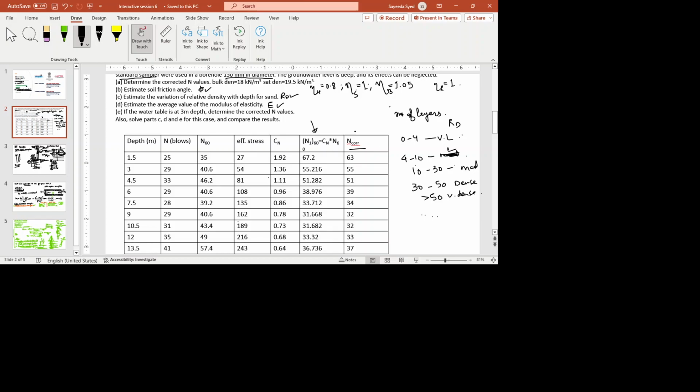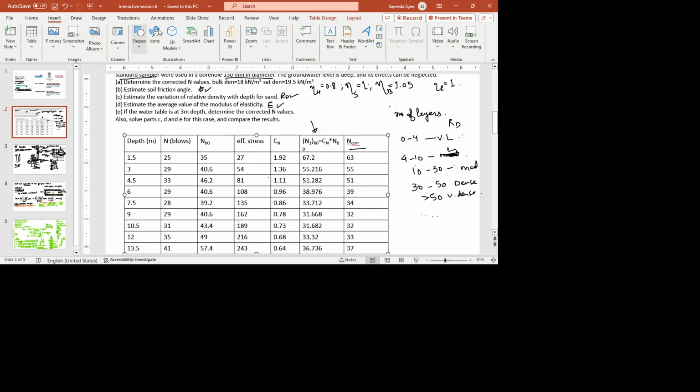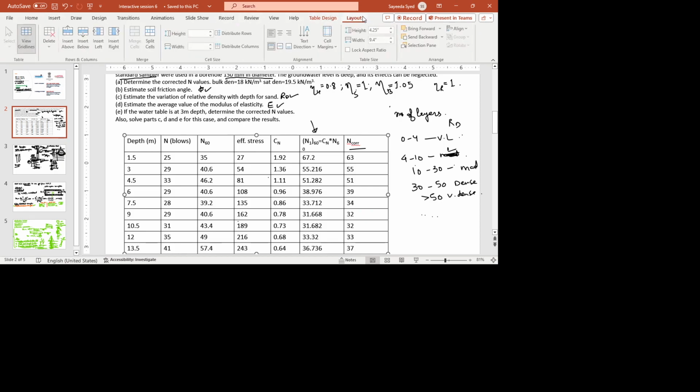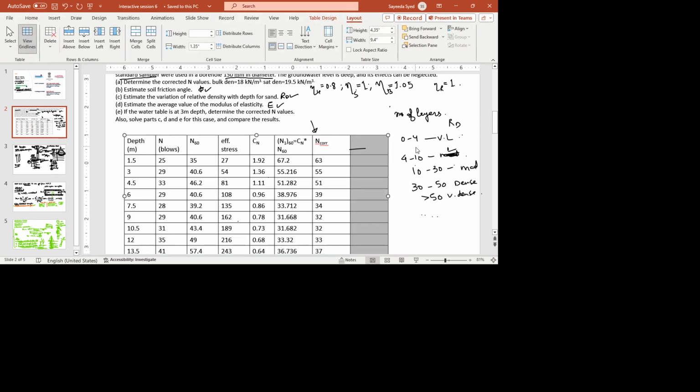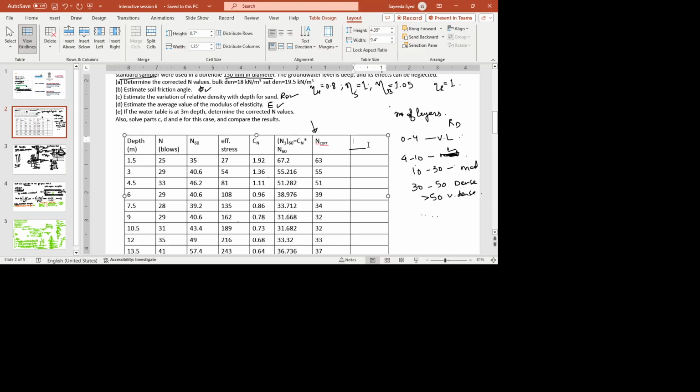So let us try to identify it here for the relative density. This will be very dense, this will be very dense, this will be very dense.